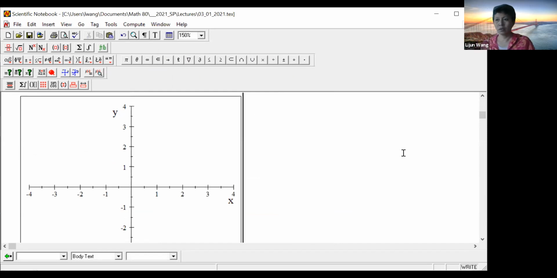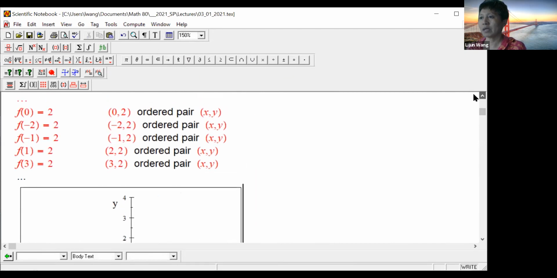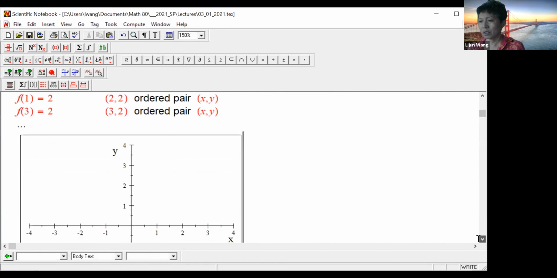Okay. So now we have input, output. Input comma output. So we have 5 points. Now do you know what to do? You're going to put those points on the graph in the rectangular system. Input 0, output 2.